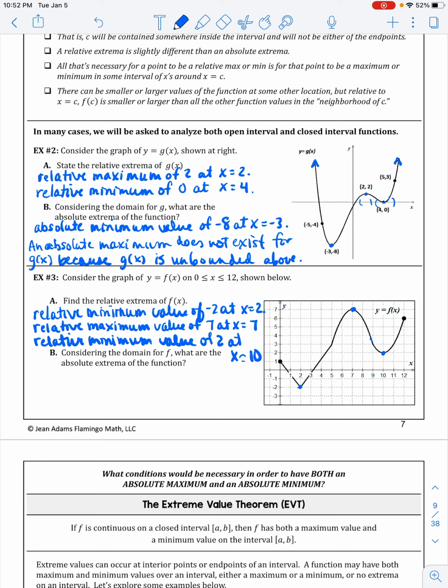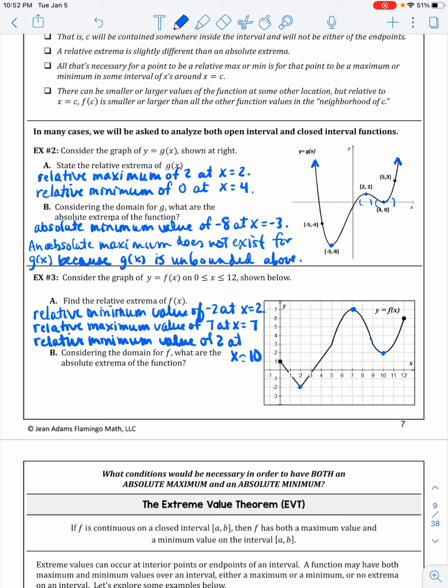And then considering the domain for f, what are the absolute extrema of the function? So if you're looking at your absolute max and absolute min on the interior of this function, you can see that your lowest is -2 and your highest is 7. And it's -2 at x equals 2 is your absolute minimum, and 7 at x equals 7 is your absolute maximum.